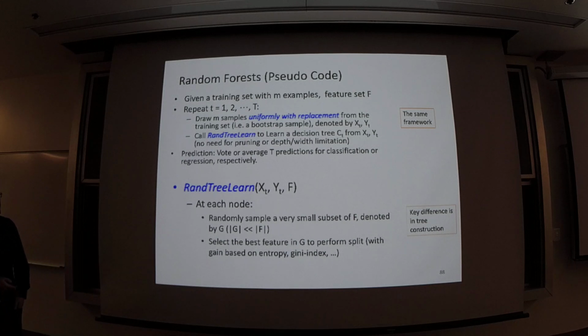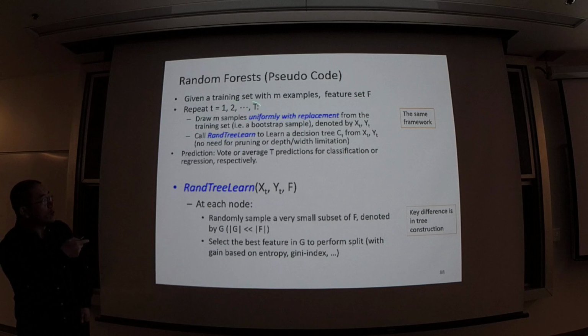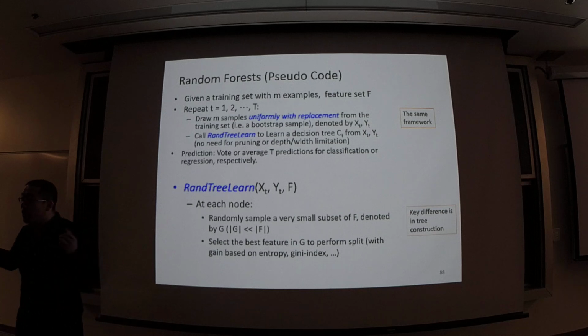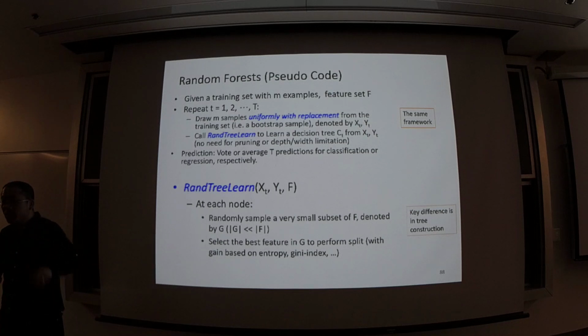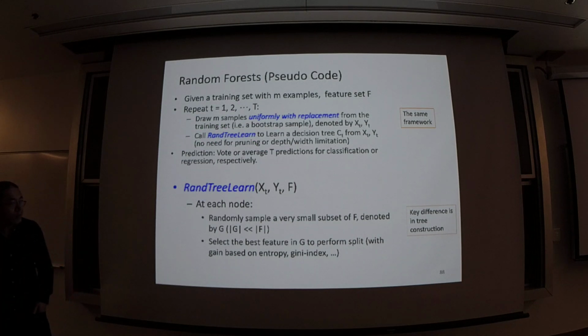Suppose we have finished those big T iterations. I have T decision trees, and then I do the vote or average for classification and regression respectively. So this framework is exactly the same as the general bagging framework. The key difference lies in the random tree learn procedure. So let us look at what the random tree learn procedure is.